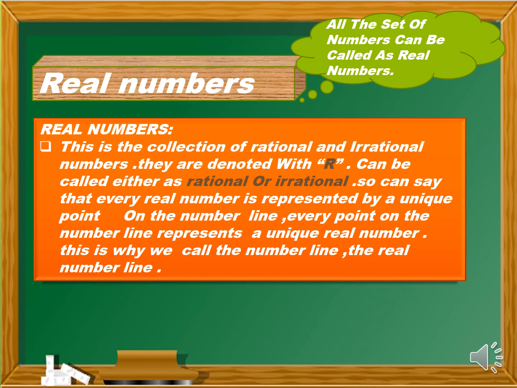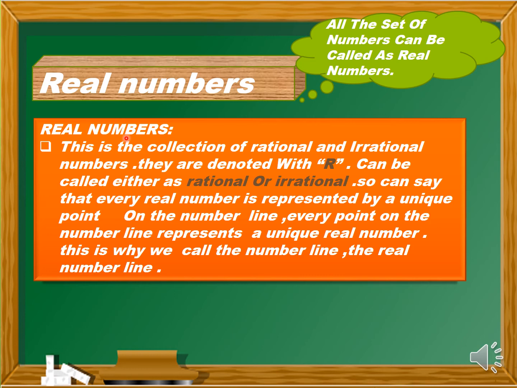Next, this is the collection of rational and irrational numbers. You know very well about both. Here they have given only rational and irrational. Why? Because there are more sets of numbers, right? Natural, integers, whole, etc. Why have they represented only rational and irrational here? Because rational has natural, integers and whole numbers on the numerator as well as the denominator, whereas whole numbers have 0 also, but the denominator should not be 0.